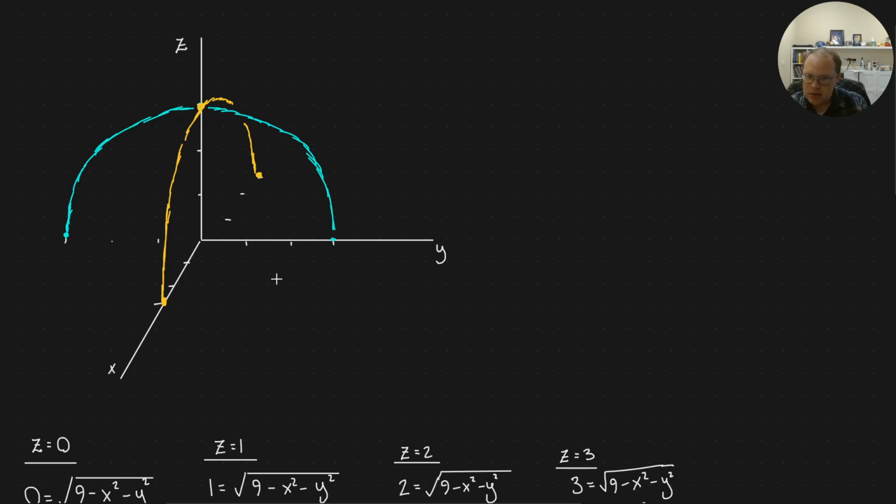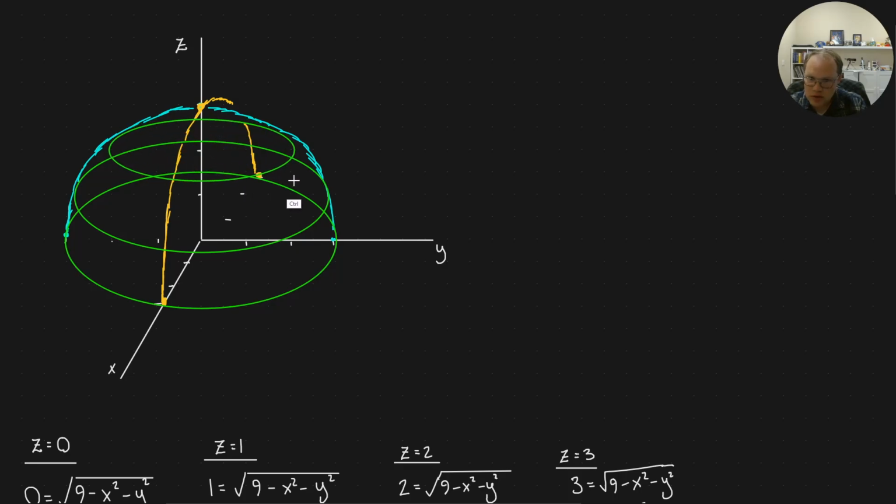So if I just kind of plot these, there's the level curve at z equals 0, z equals 1, a little bit more, z equals 2, circle shrunk a little bit more, and then here at the top is that.